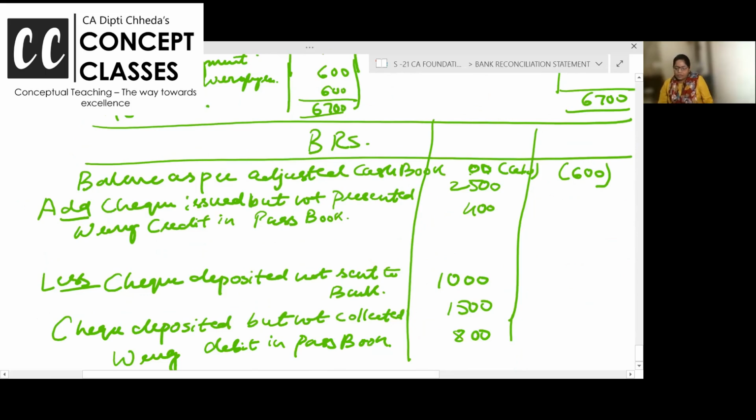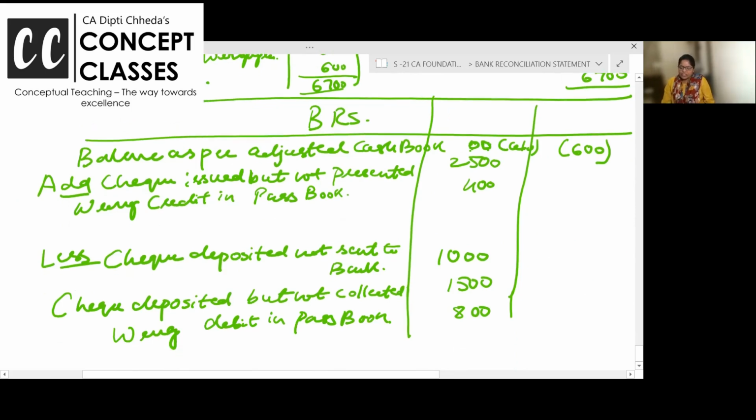Okay? Don't worry, add and less will not change. You did add and less as if it was a debit balance. And now if it is a credit, here only you put a minus sign. I want to repeat. This is a very nice concept, dear students. Pay attention. You said check issued but not presented, so when the check was issued we credited, now debit, so debit add.